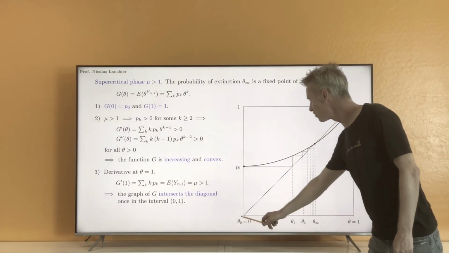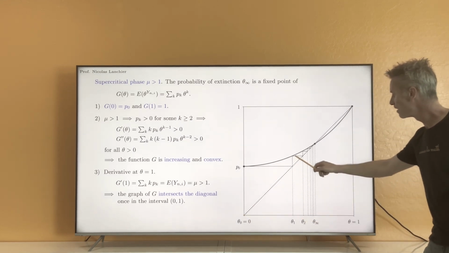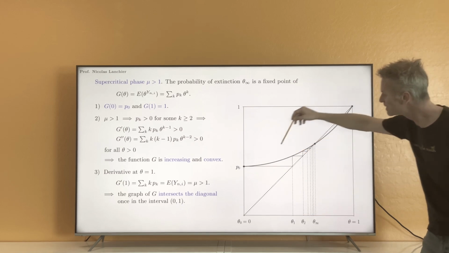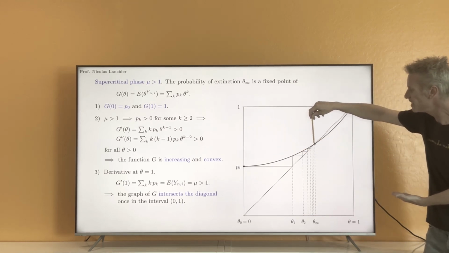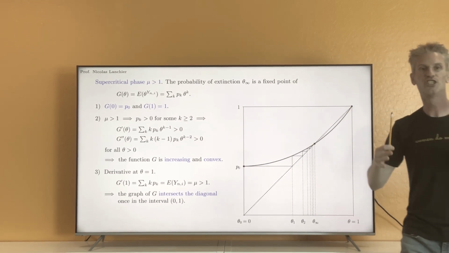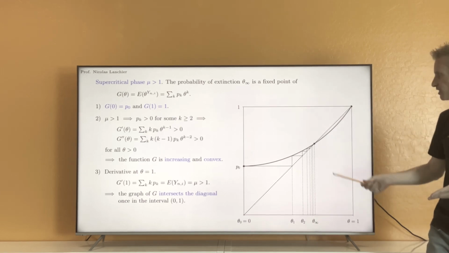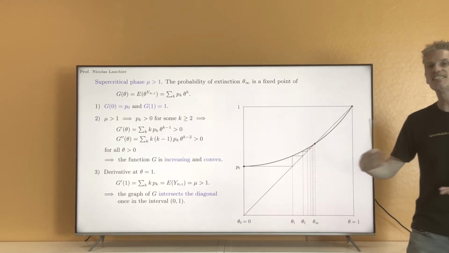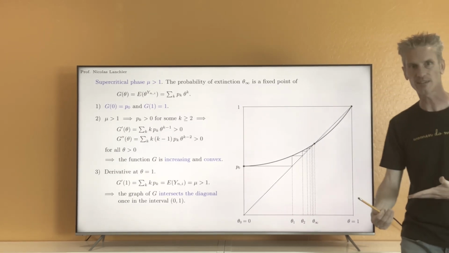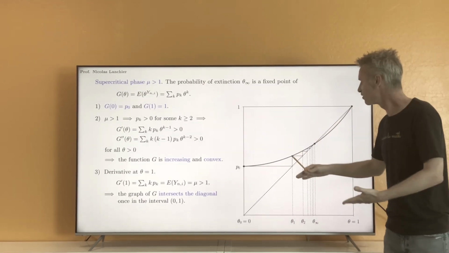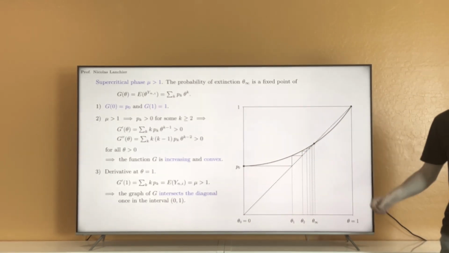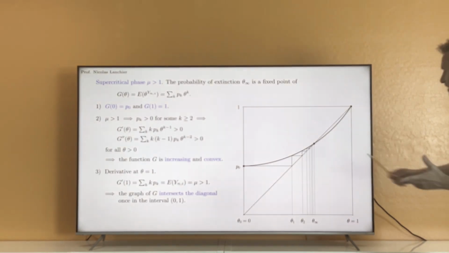You have theta 0, then here theta 1, then here theta 2, then here theta 3, and so on, and then you see that eventually theta infinity is indeed this fixed point. So there is this nice geometric interpretation of a sequence defined recursively from a function. You have this nice way of drawing your sequence using the graph of the function. All right, so we are done.